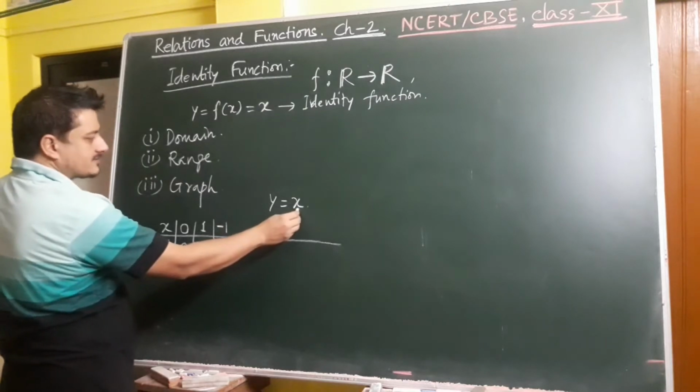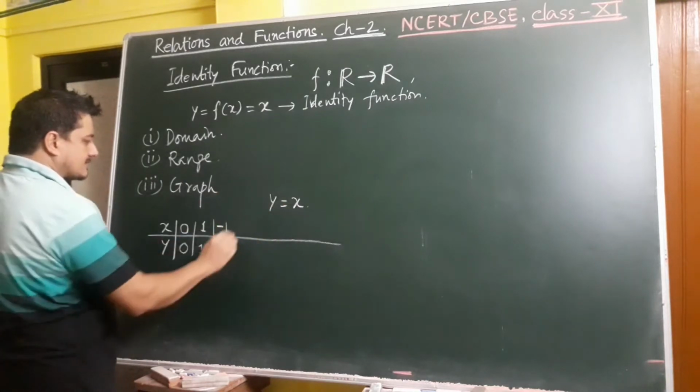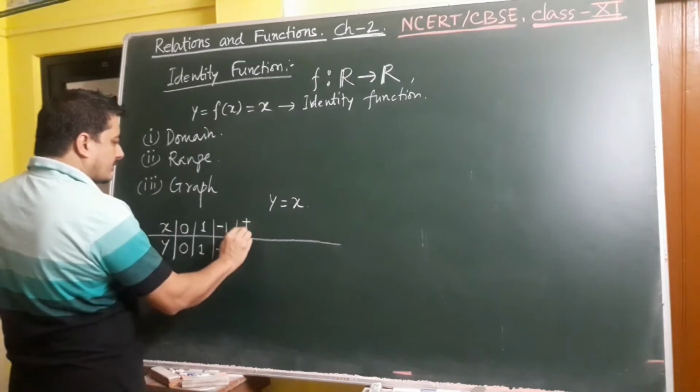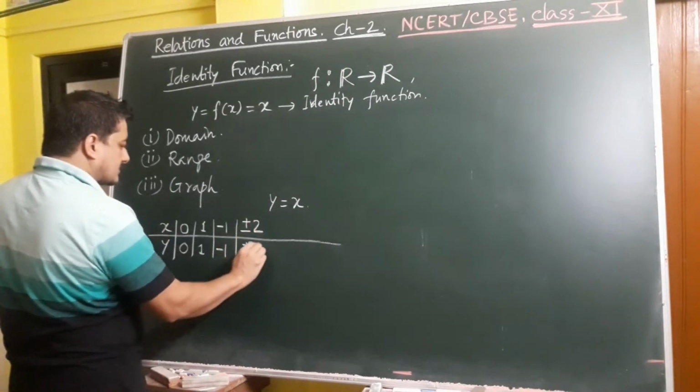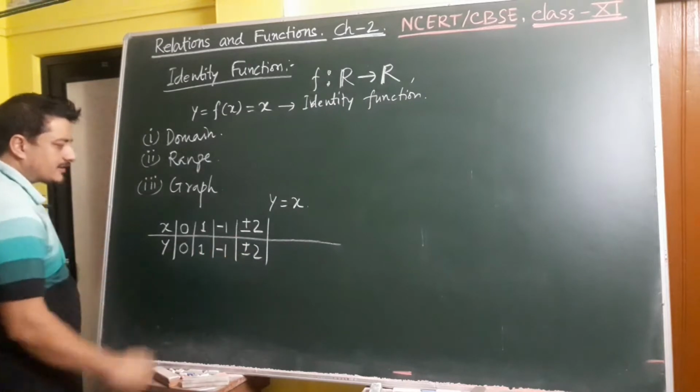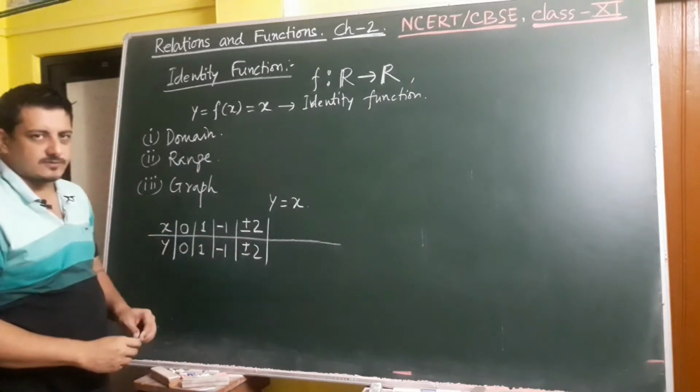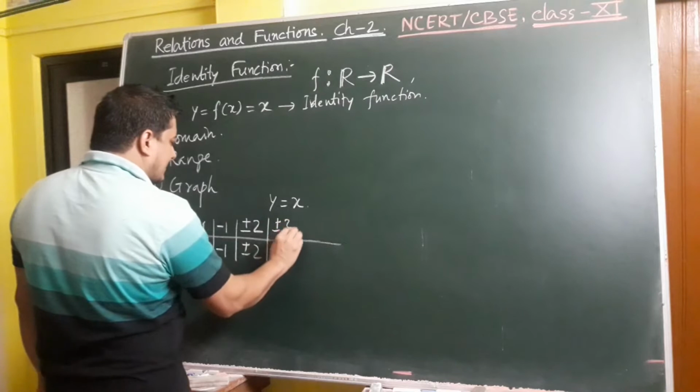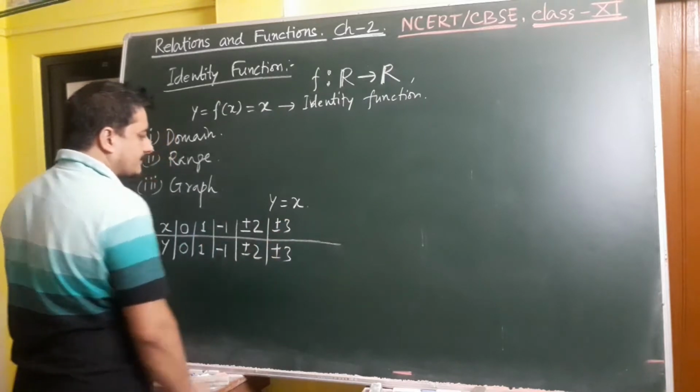If I put minus 1 in place of x, I'll get minus 1. Then if I put plus minus 2, I'll get plus minus 2. Means for plus 2, I'll get plus 2, for minus 2, I'll get minus 2. In this way, for plus minus 3, again I'll get plus minus 3.